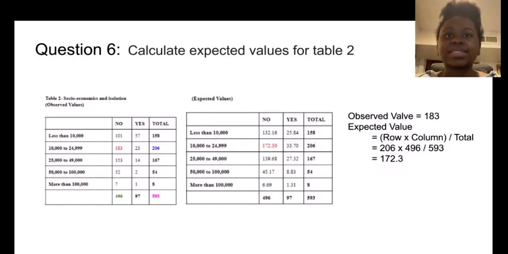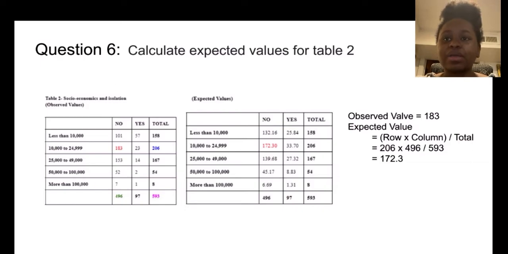Question 6 asks to calculate expected values for tables 2 and 3. For table 2, here you see the observed values on the left for the socioeconomic status and isolation. And on the right, we have the expected values. Using the category 10,000 to 24,999, we have the observed value of 183 in red here. And we have the expected value.